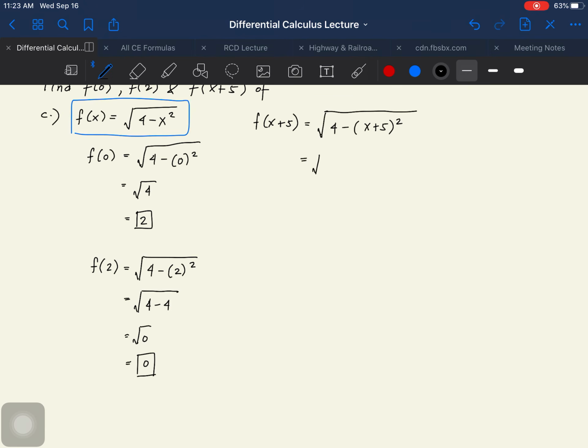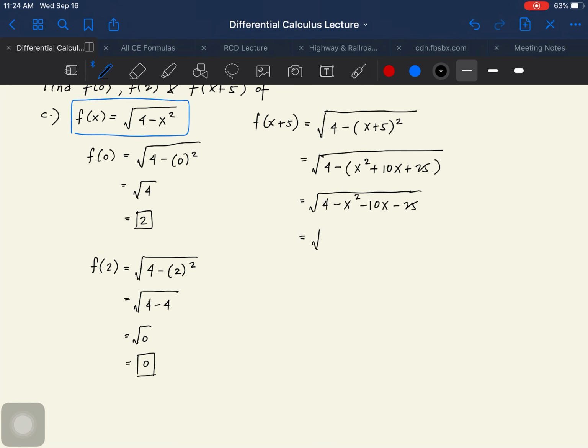Expand it, but let the parenthesis remain. So 4 minus, the expanded form of this is x squared plus 10x plus 25. Then distribute the negative sign: x squared minus 10x minus 25.